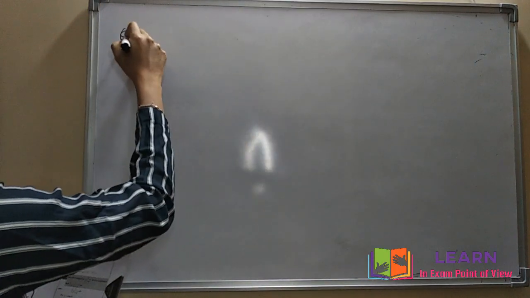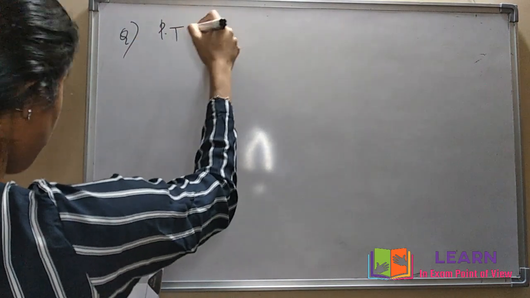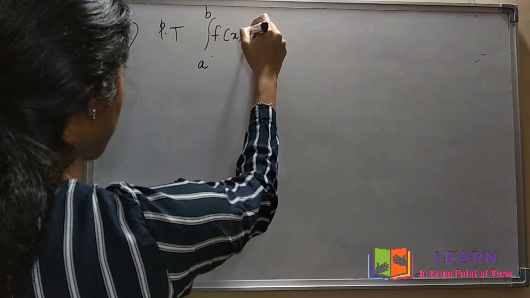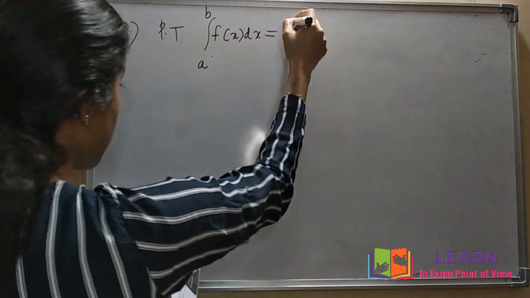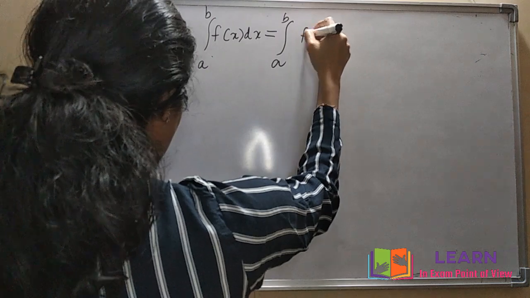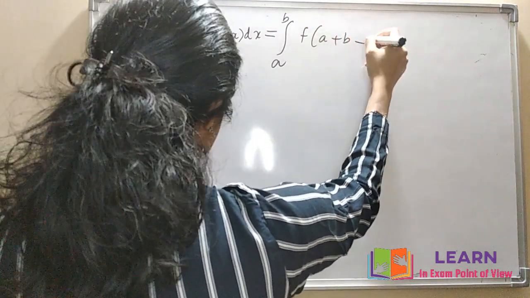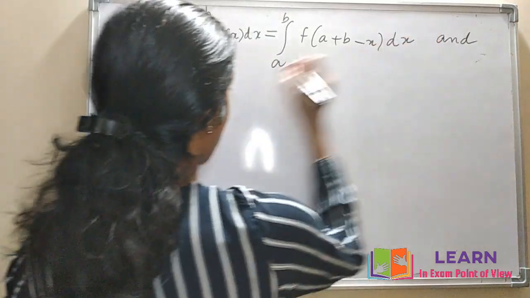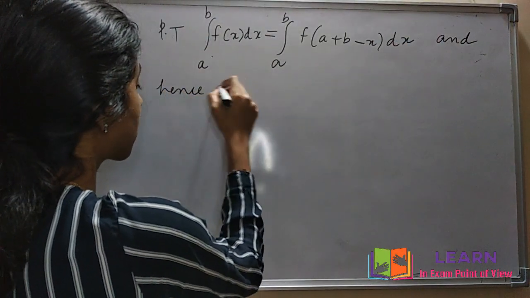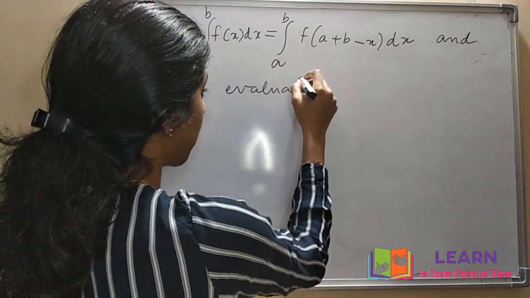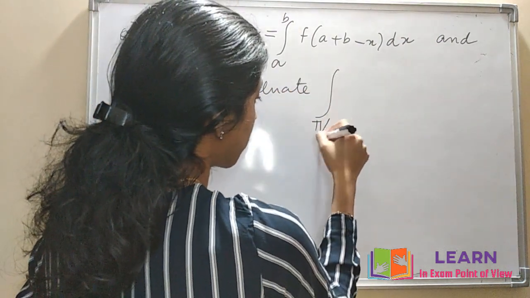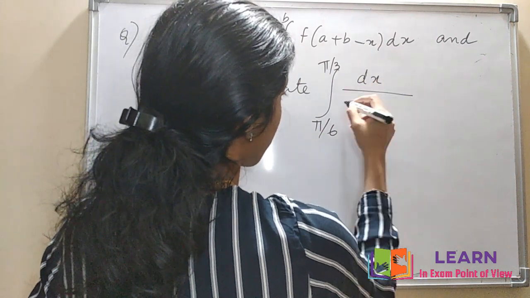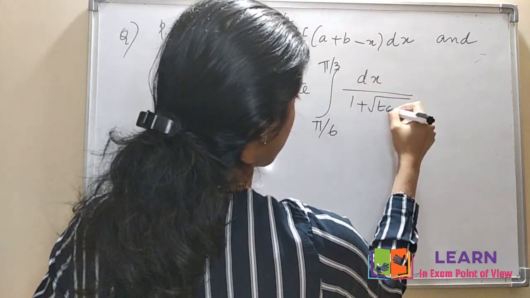So the next question. Prove that the property: the integral from a to b of f of x dx is equal to the integral from a to b of f of a plus b minus x dx. This we already proved once. Then hence evaluate the integral from pi by 6 to pi by 3 of dx by 1 plus root tan x.